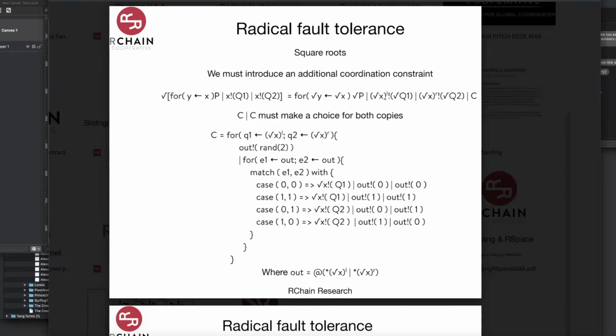You can look at the original rho paper for what definitions for left and right might be, but just think about it as tagging. So we're going to tag this one as left and this one as right, and it doesn't matter which one we tag, so this is without loss of generality.